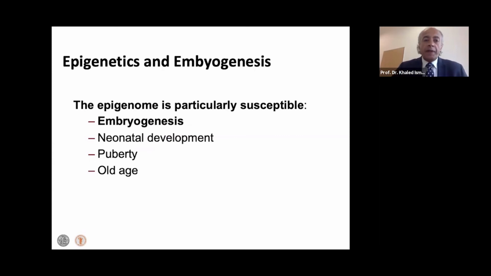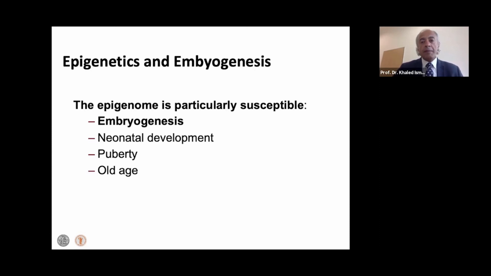The important thing about this epigenetic mechanism or mechanisms is that they can happen at any time, but there are certain times in our life when our epigenome is very susceptible. One of them is obviously at the time of embryogenesis, when we are developing as embryos, still before we even become fetuses.